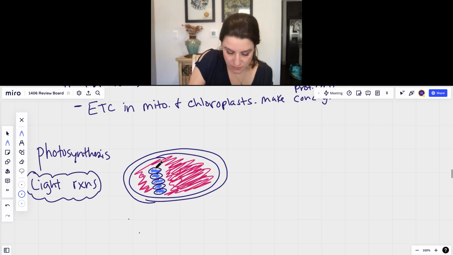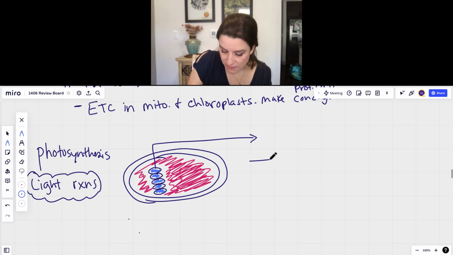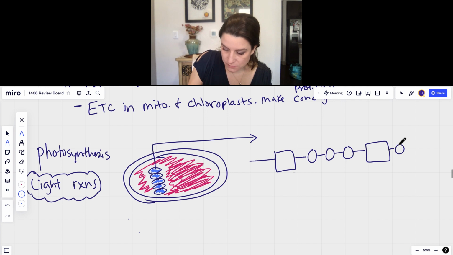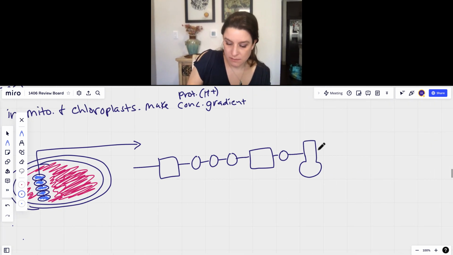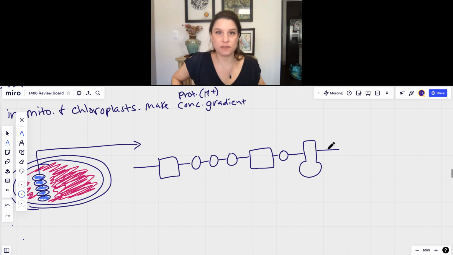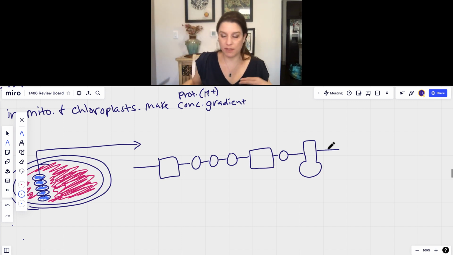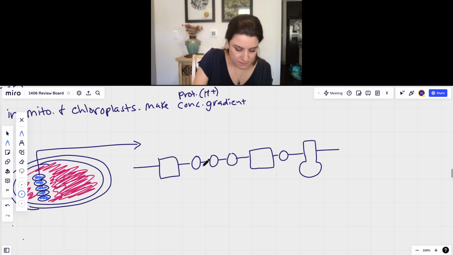Okay, so in this thylakoid membrane, we have photosystems. We have an electron transport chain, another photosystem, another little chain, and then some ATP synthases. I'm just drawing them all in a row. The chains and the photosystems are in a row. The ATP synthases can be other places, but I'm just going to do it like this.